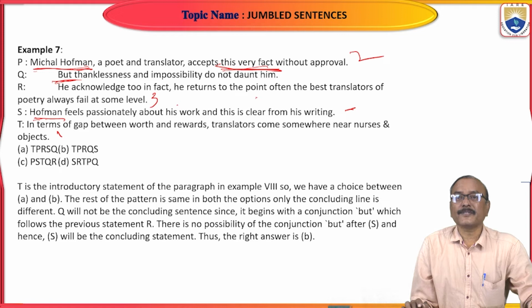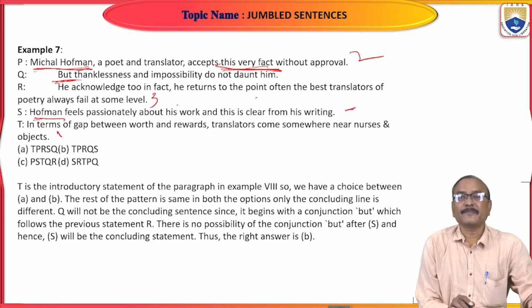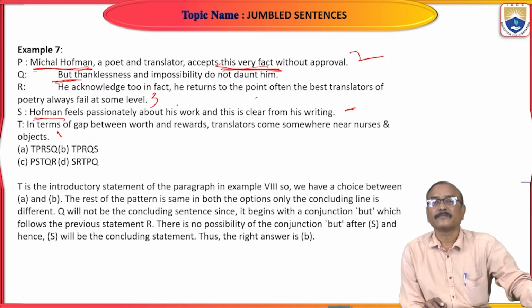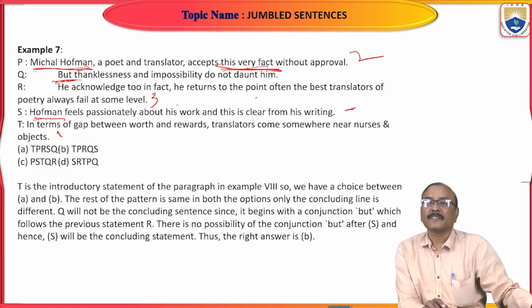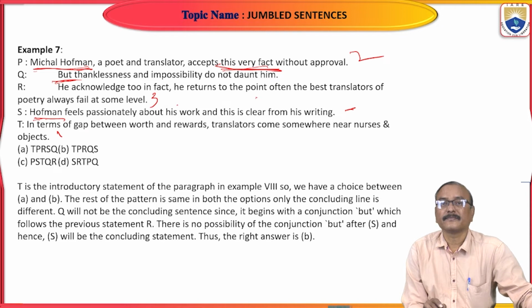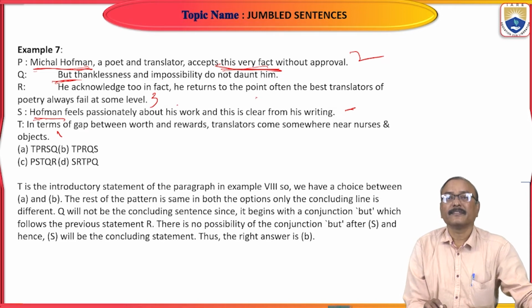He acknowledged to, in fact, he returns to the point often, the best translators of poetry always fail at some level. And Hoffman feels passionately about his work, and this is clear from his writing. Is this the fourth one, or is Q the fourth one? Q is the fourth one.